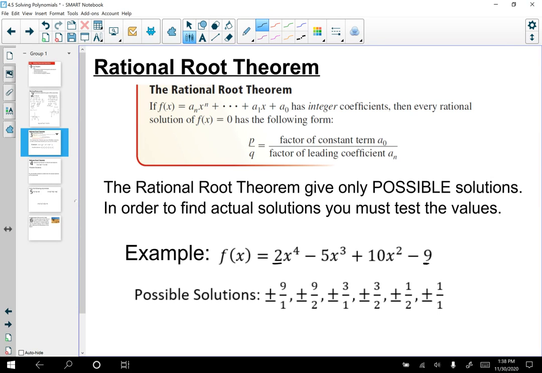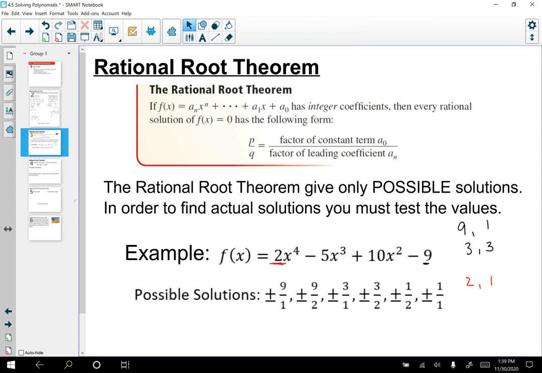Then we take a look at the factors of our constant term, which in this case is the 9. So what are the factors of 9? Well, 9 and 1, 3 and 3, right? And now we take a look at the factors of my leading coefficient. Well, they are 2 and 1, right? Those are the only factors of 2.